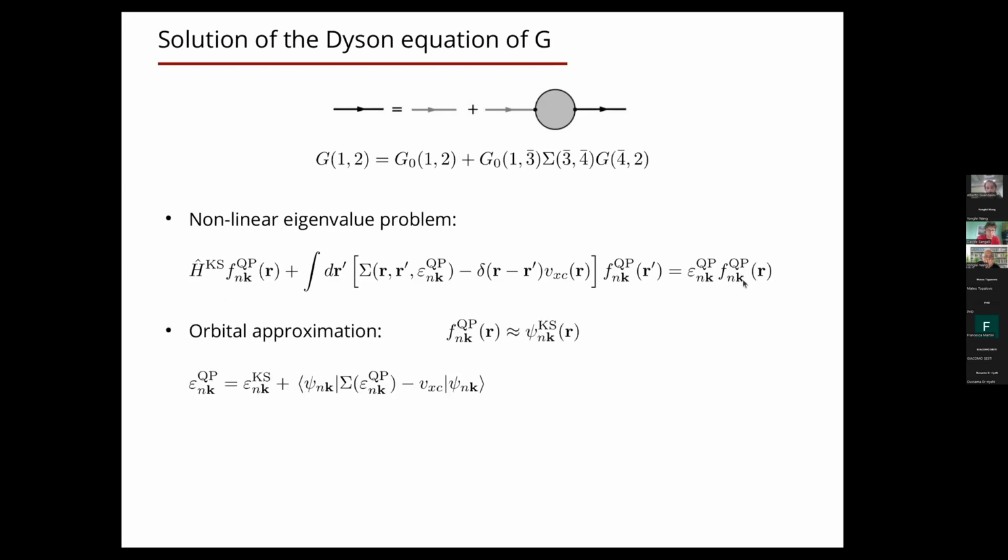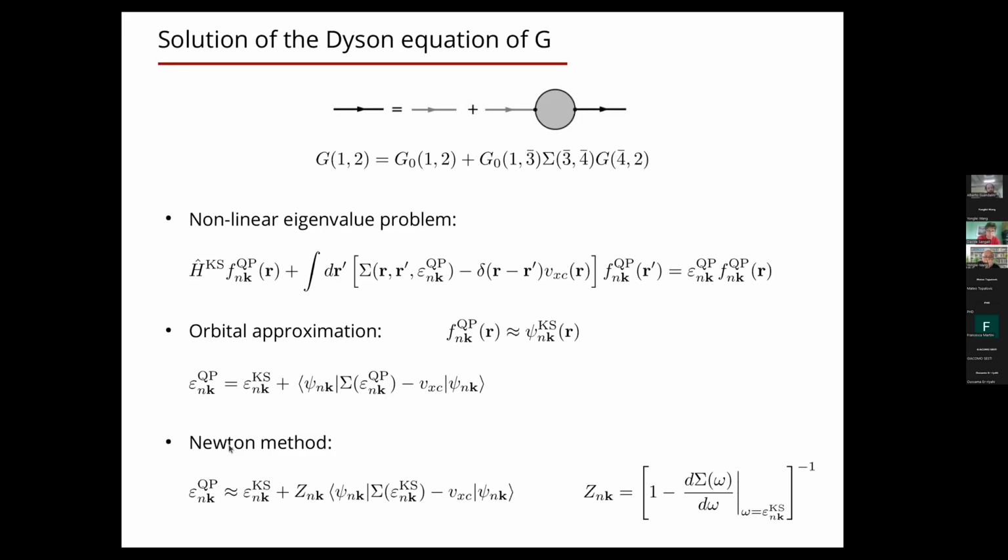And what is usually done here is the orbital approximation, so to consider that many-body perturbation theory does not change the orbitals with respect to DFT, so that DFT orbitals are already a good starting point. And then we end up with a self-consistent equation where we need to evaluate the self-energy already at the quasi-particle energy.